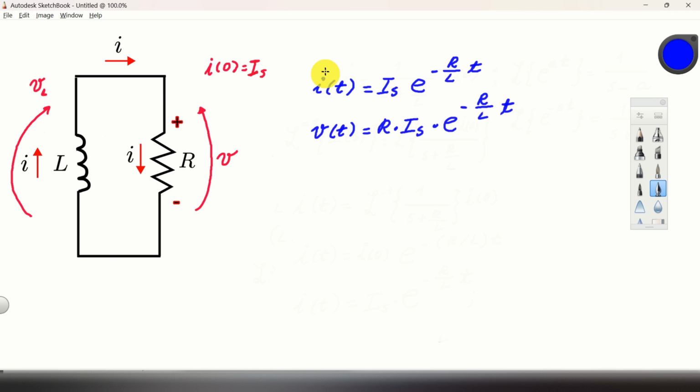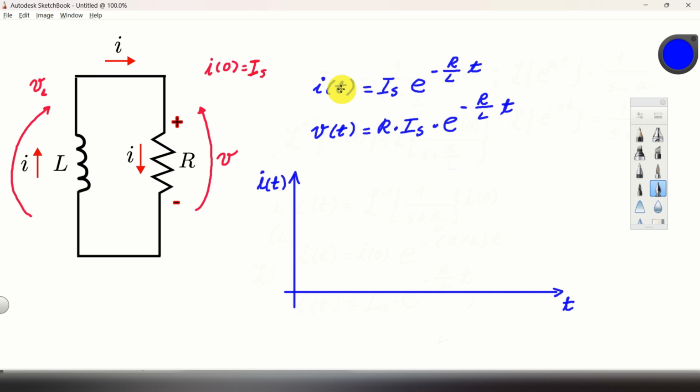Okay, now let's sketch the time domain behavior of I of t. If we draw a graph, placing time on the x-axis and current on the y-axis, we will obtain a decaying exponential function.